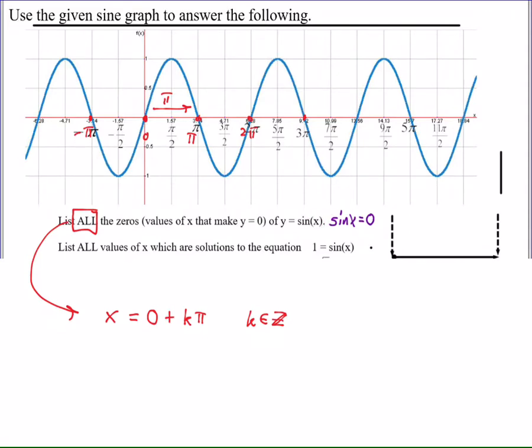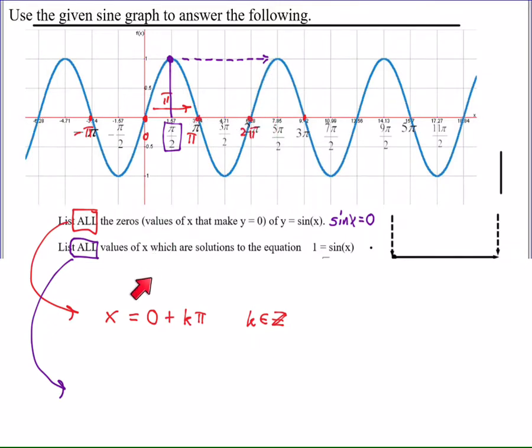Similarly, the next piece asks for all of the values for which sine of x equals 1. Graphically, you can see that the first time that happens is at pi over 2, and 2 pi radians later, so a full cycle away, is the next time that the sine is equal to 1.